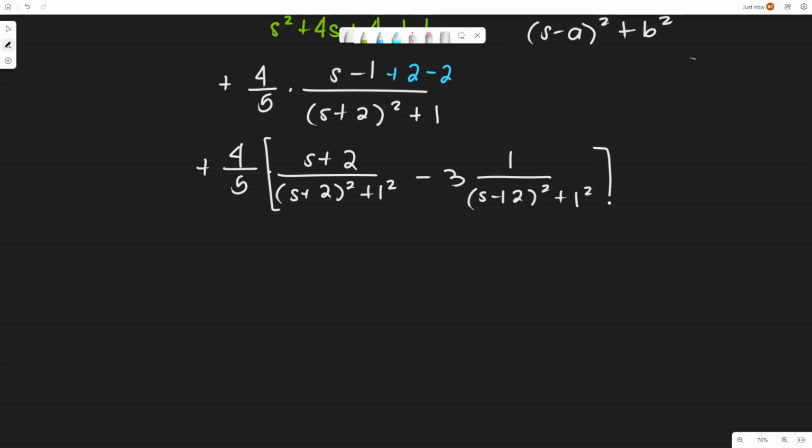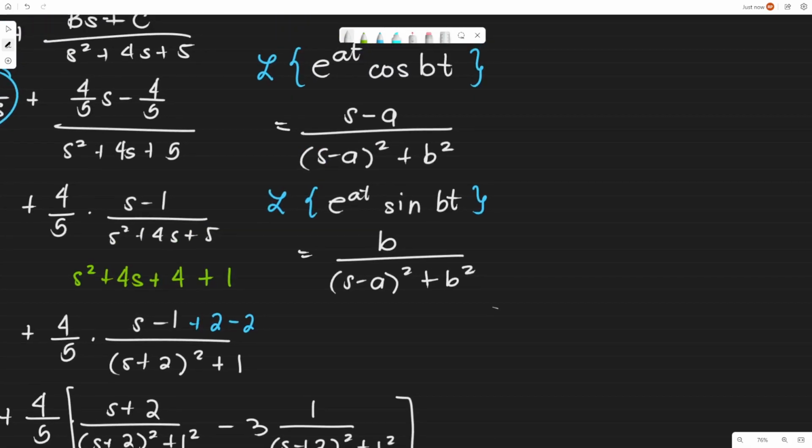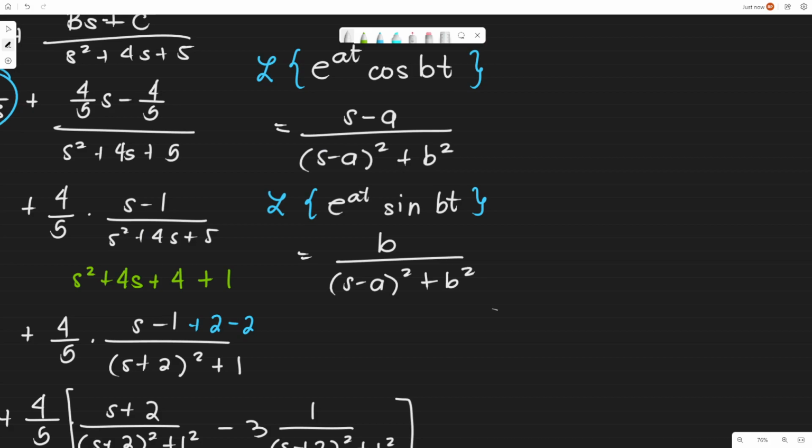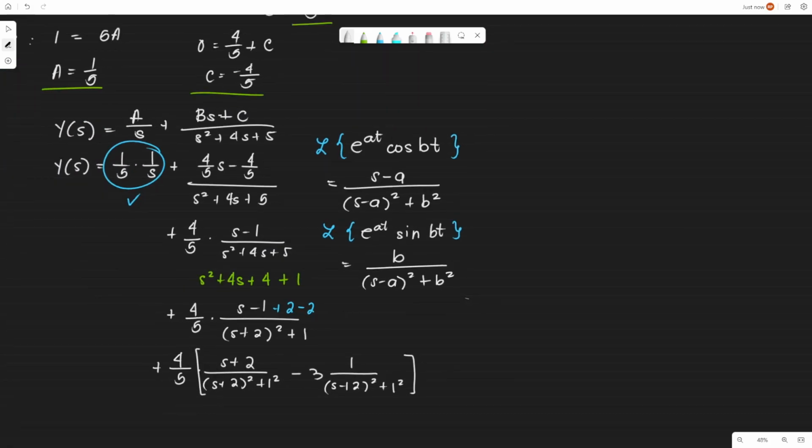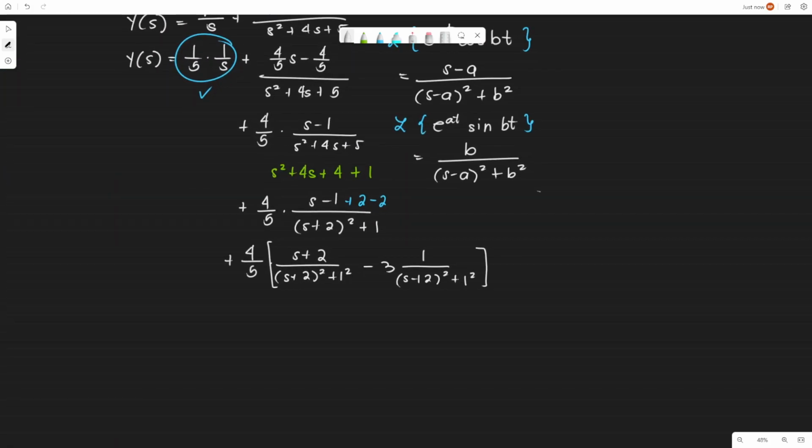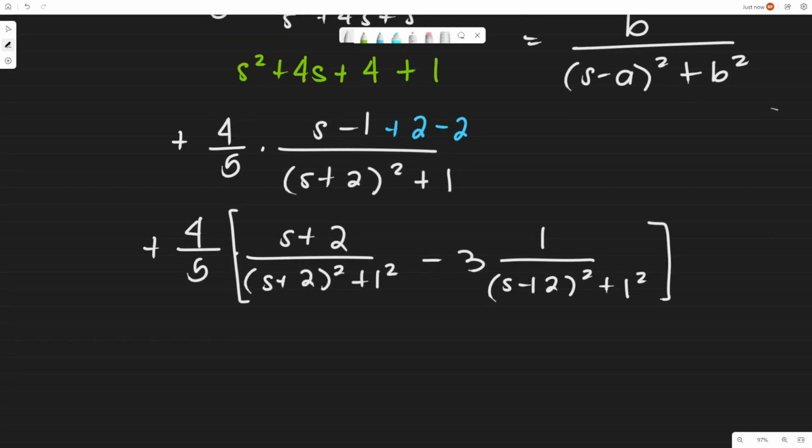So we now have the form for both Laplace transforms na inintroduce ko kanina. Na itong dalawa, meaning, gagamitin natin sila parehas. Okay? So, ayan. So, we have 1 over 5 times 1 over s, yung unang term.